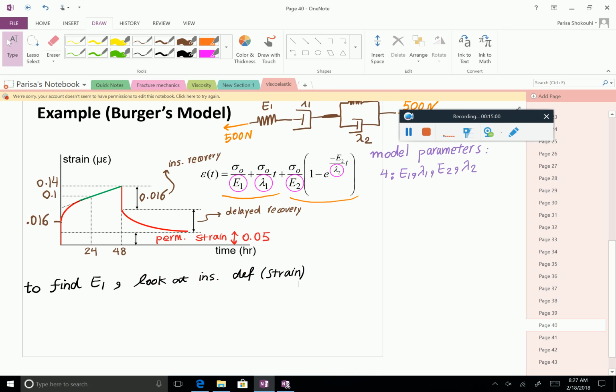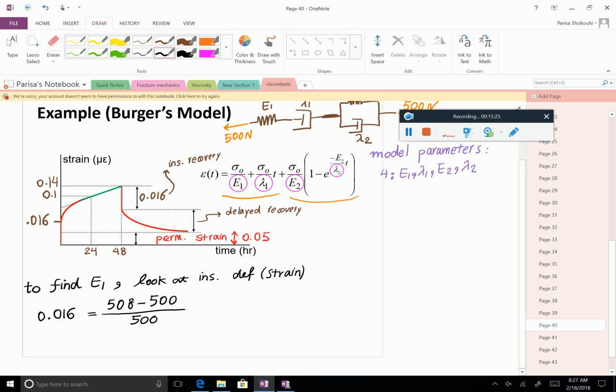So we know that the instantaneous deformation is 0.016. This is basically, if you read the problem statement, 508 minus 500 over 500.